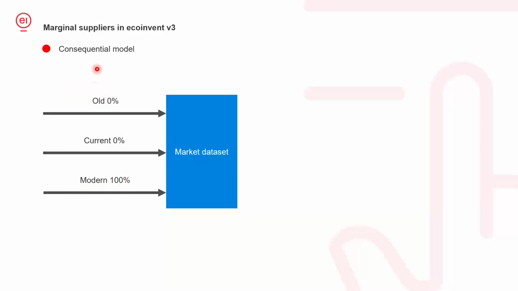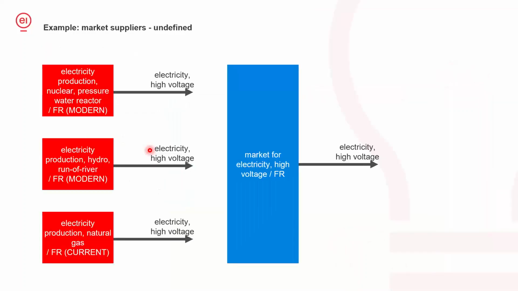In the consequential system model, we will only have modern technology activities supplying the market. The other activities will not provide the products they produce to the market.